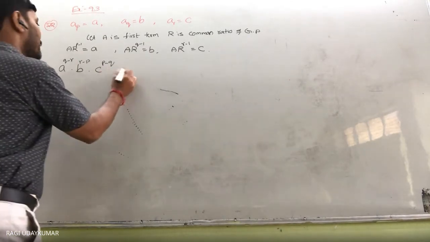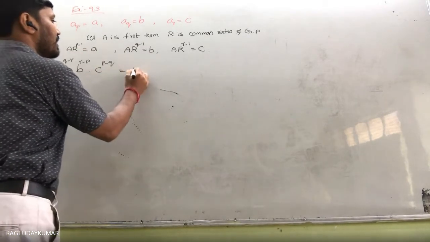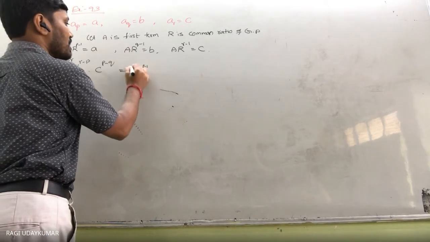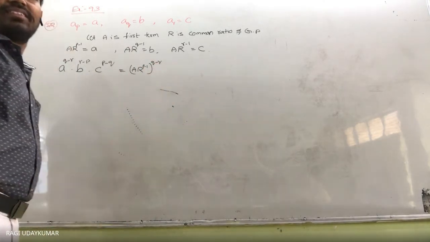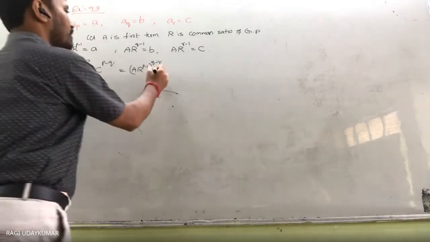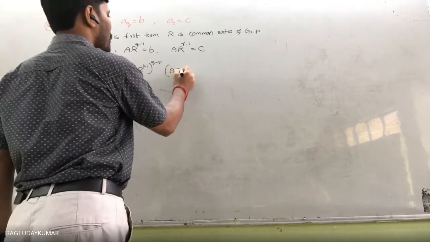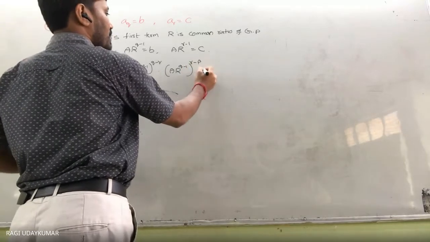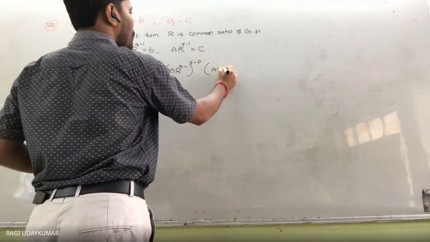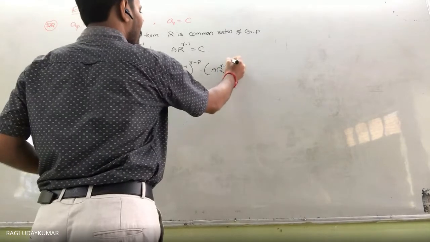We need to put this: in the place of a, write A R to the power of p minus 1 whole to the power of q minus r, into b as A R to the power of q minus 1 whole to the power of r minus p, into A R to the power of r minus 1 whole to the power of p minus q.